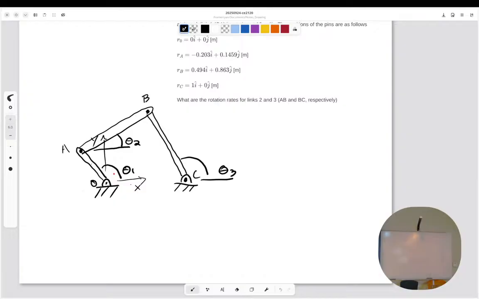Okay, what about the lengths? Okay. What does that do? Okay. Yeah, because that's a fixed position.